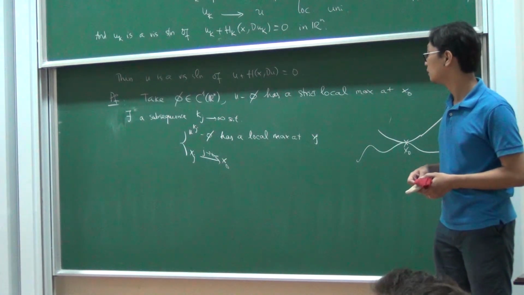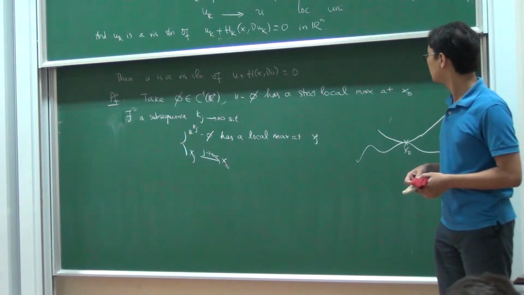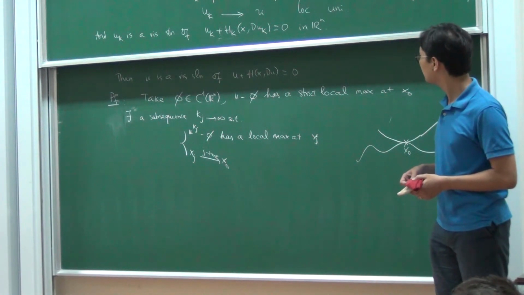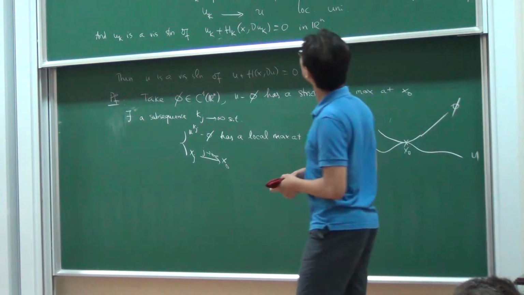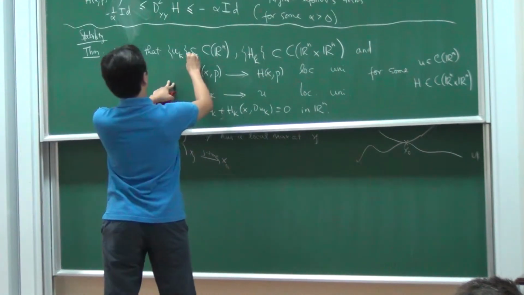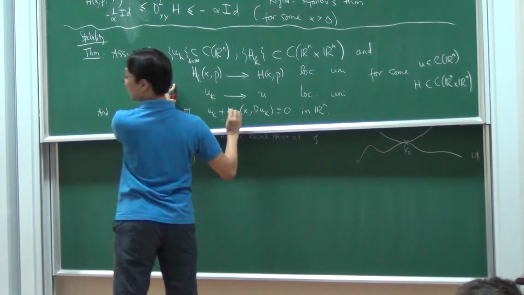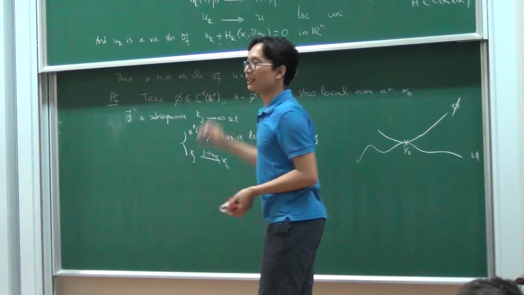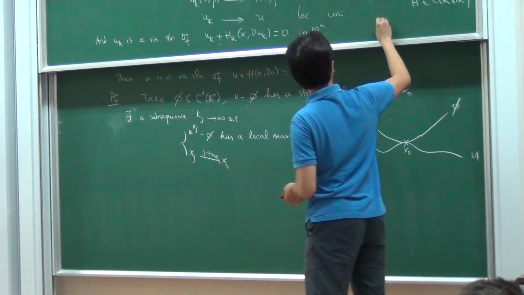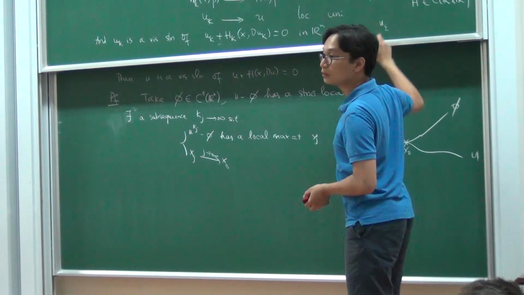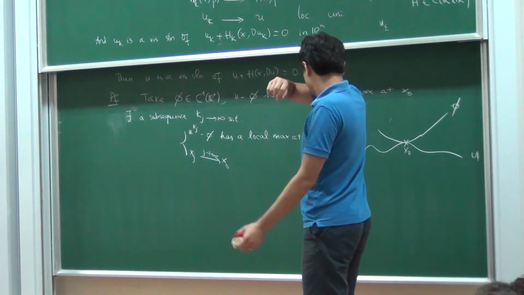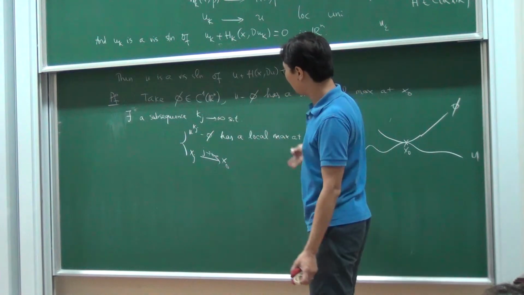Here I'm going to take k in N, so it's a sequence. If I do u epsilon, this is an epsilon convergence.